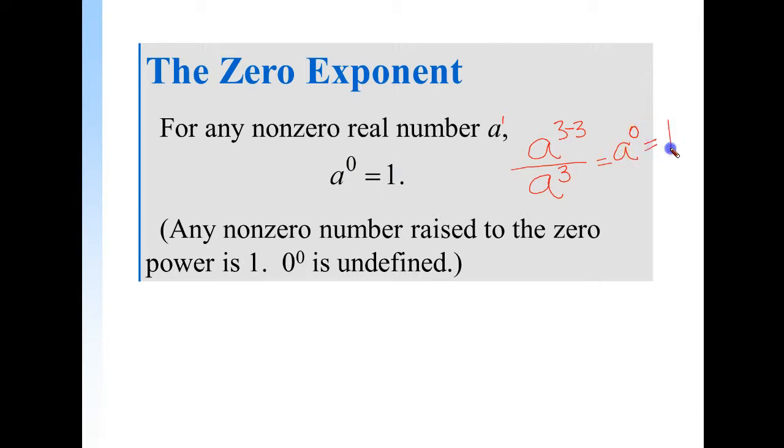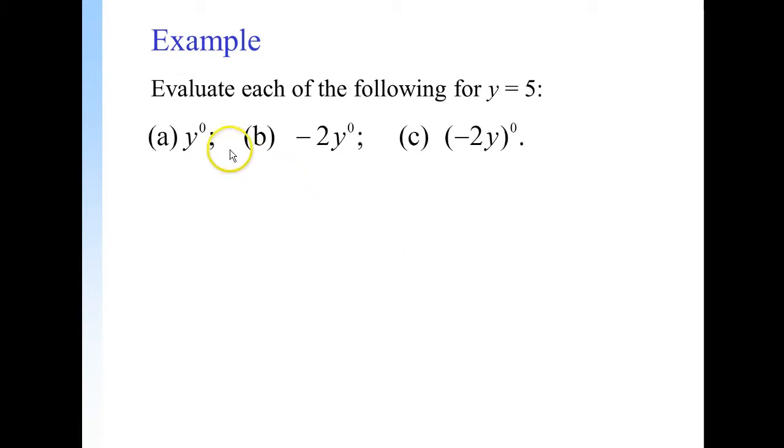Well, it's equal to 1. That's why a to the 0 is equal to 1. So we could take this away for a moment here and say anything divided by itself, that's a 1, and that's a 1. 1 divided by 1 is 1. But that's the proof of a to the 0 is 1. Now, 0 raised to the 0 power, remember that's undefined. We don't have a definition for that. Okay, some of these might be a little tricky, so watch them carefully.